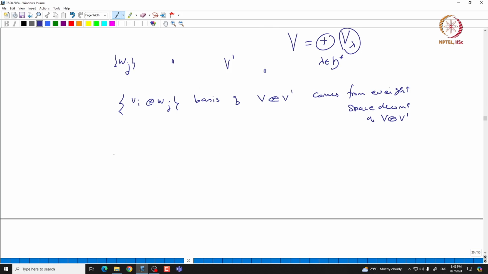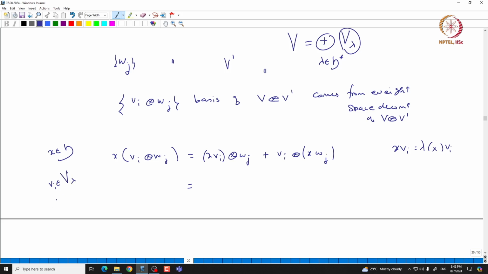So, what is the weight of this? If you take x in H and compute how x acts on v_i tensor w_j, since it acts as a derivation, it is x v_i tensor w_j plus v_i tensor x w_j. Now, you can easily see that x v_i is given by lambda of x times v_i. So, if v_i comes from V_lambda and w_j comes from V dash_mu, then x w_j is given by mu of x times w_j.